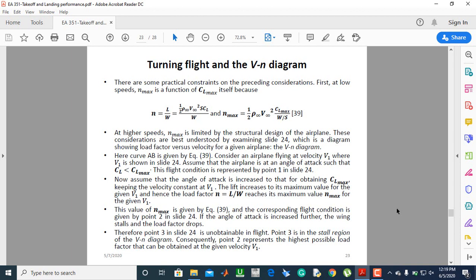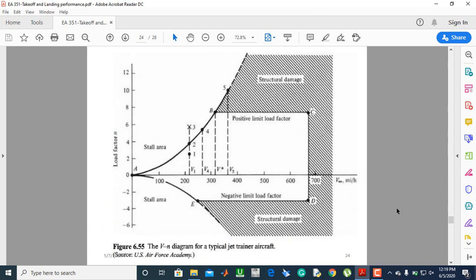This value of the maximum load factor is given by equation 39, and the corresponding flight condition is given by point 2 in slide 24. So point 2 is the maximum lift coefficient that can be reached when flying at a velocity v1. Alright?